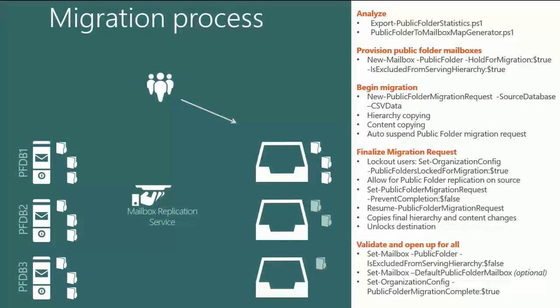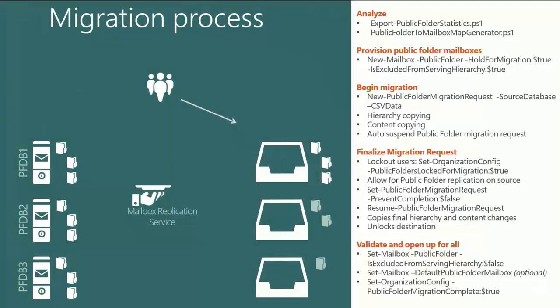And then there's a very nice part. You are able to switch a single mailbox or more mailboxes and define a target public folder mailbox for that mailbox. So you are able to access the modern public folders from that mailbox and verify if everything is correct. Whereas the rest still is locked out.